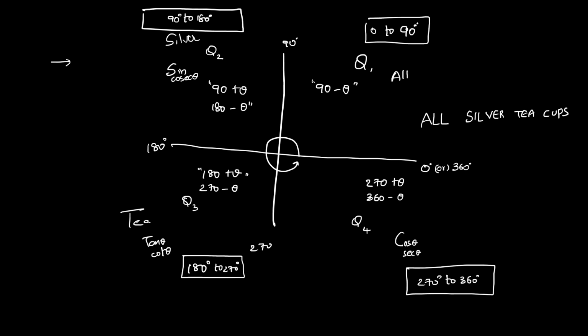Now, as I told you, in the first quadrant all ratios are positive, but why are all ratios positive in the first quadrant? Okay, now we are going to discuss that. Let us draw this Cartesian plane one more time.